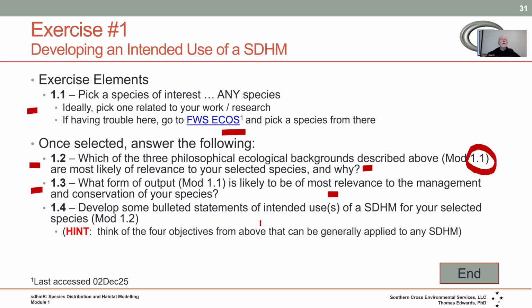And if you have some feel that there's going to be an overlap, try to tell me which might be more important. Is the spatial product more important or is the ecological understanding? Then just develop a couple of bullet statements of the intended uses using the 4 objectives there.